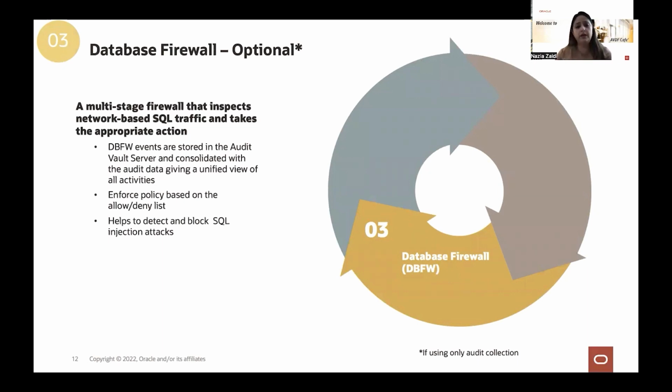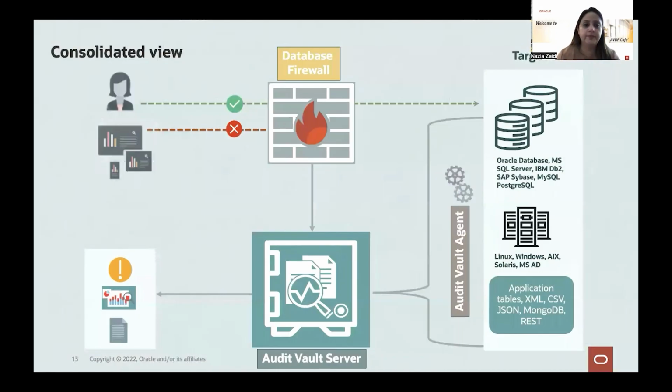At the Database Firewall, it enforces policy, whatever allow or deny list you have created, and you can even block activity if you want. There are different deployment models of Database Firewall that we will discuss going forward.